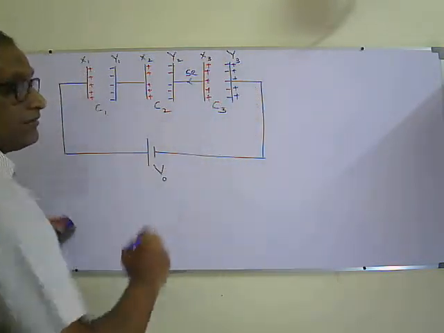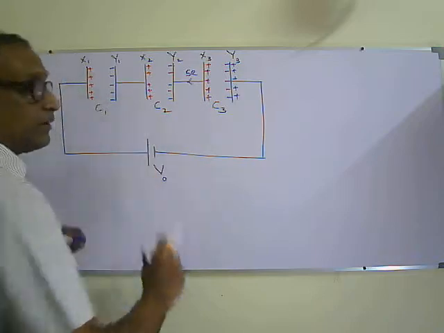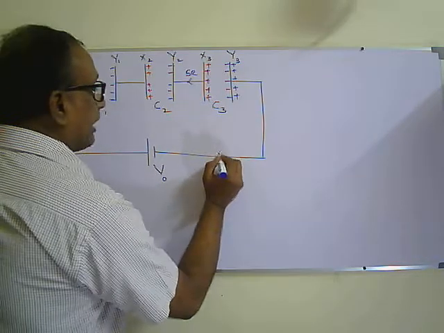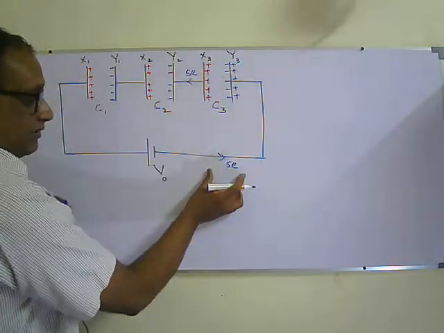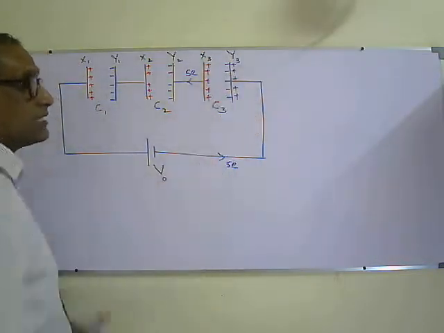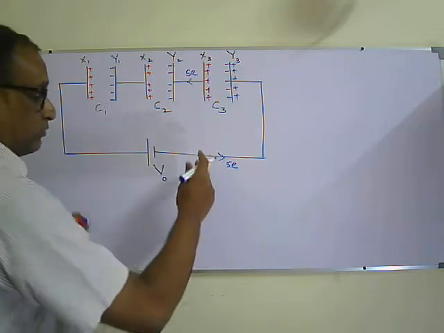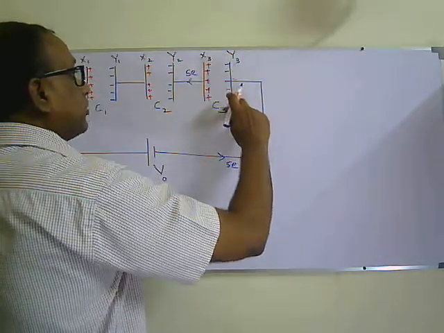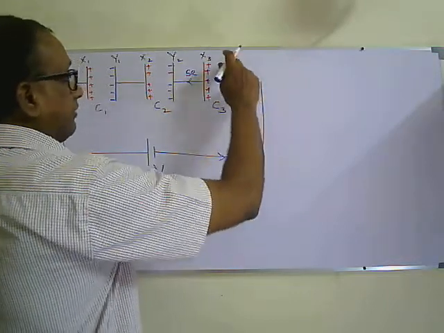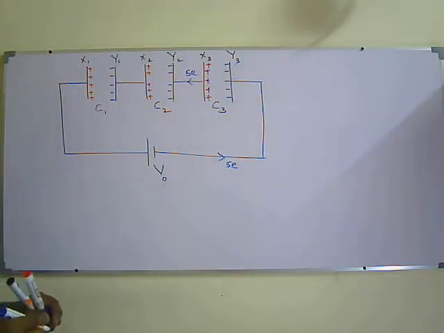Now from the negative terminal of the DC power supply, 5 electrons will flow. These 5 electrons will be attracted by these 5 positive charges, and when they flow, they'll neutralize these 5 positive charges, and effectively the plate Y3 also will get 5 negative charges.